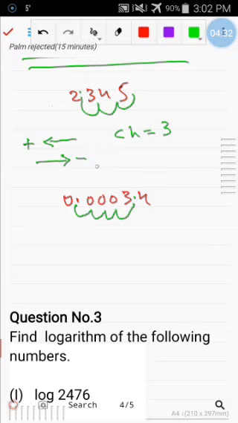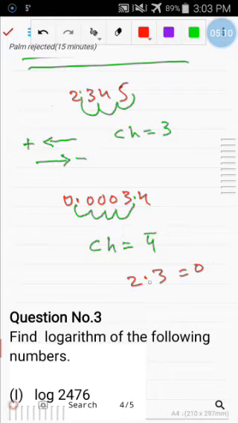So we move it to the right side, and the characteristic of this number is equal to 1, 2, 3, 4, minus 4, because we move the decimal point to the right side. If a number is 2.3, the characteristic of this number is equal to 0 because we do not need to move the decimal point.